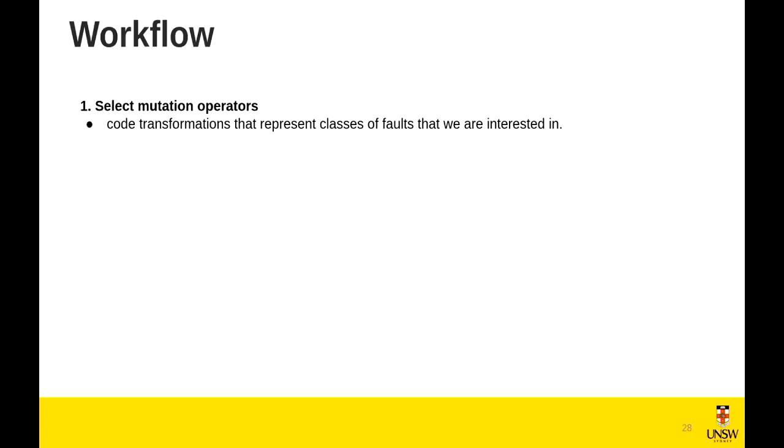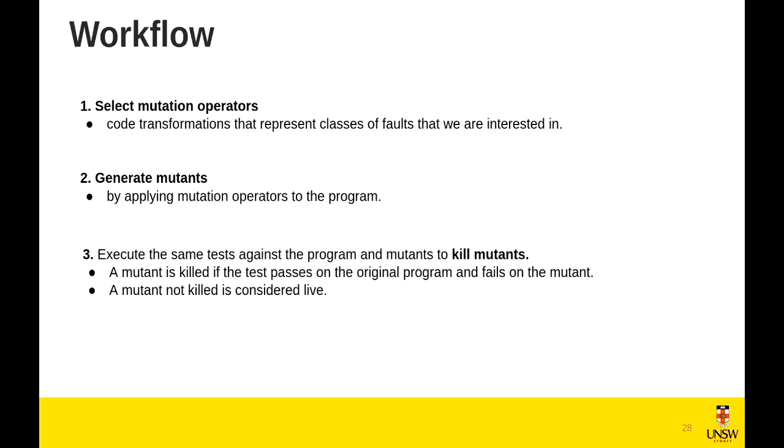First, we need to select mutation operators that are suitable for the code. Because the object-oriented mutation operators we just learned are definitely not applicable to C code. The second step in the workflow is to generate mutants by applying mutation operators to the program, so we can generate a lot of mutants.